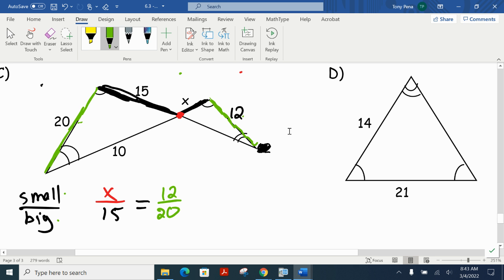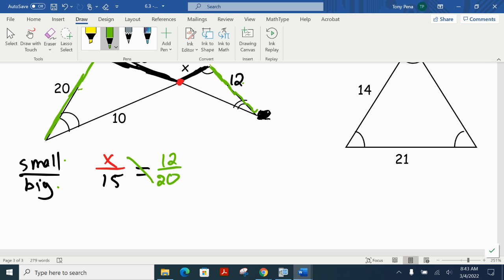And then we solve. So we get 20x equals, what was 12 times 15 there? 180. So again, even if your setup was a little different, you should get 9 for that answer.